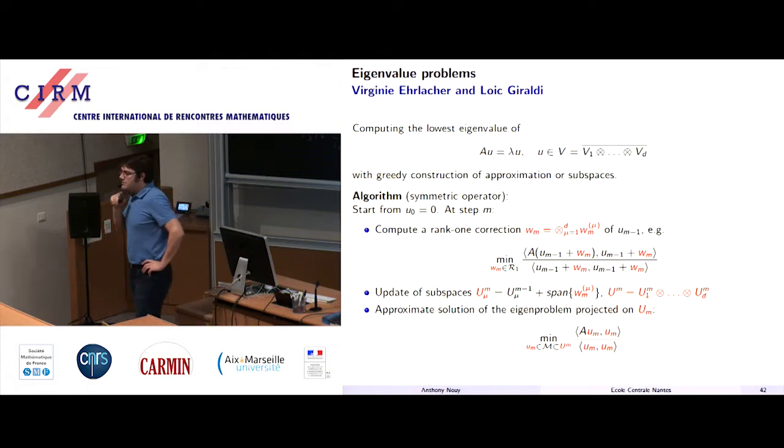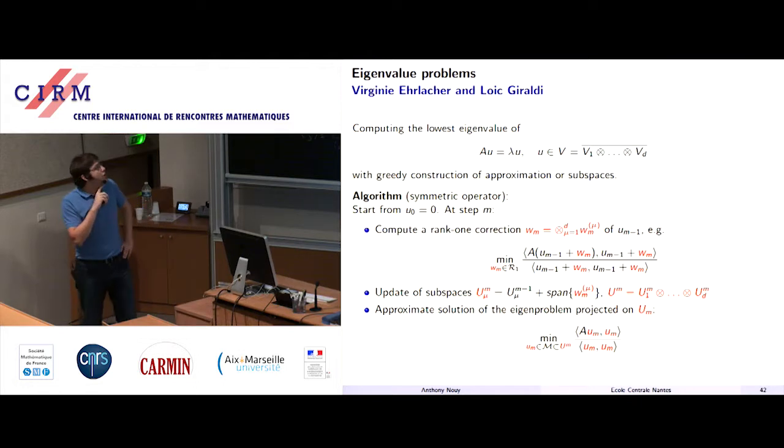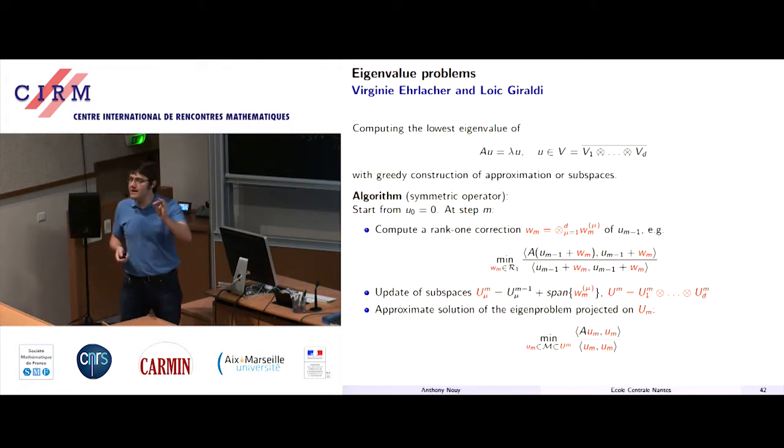And last comment, here I wanted to mention the work of Virginie Ehrlacher and Loïc Giraldi on the application of these concepts to problems in quantum chemistry, where you have to solve an eigenvalue problem. In fact, this eigenvalue problem, where you try to find the minimal eigenvalue, can be recast as an optimization problem, where you try to minimize the Rayleigh quotient. Okay?